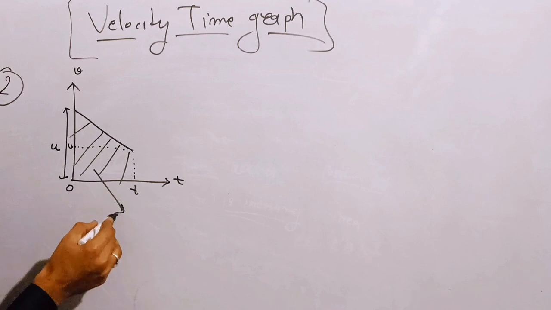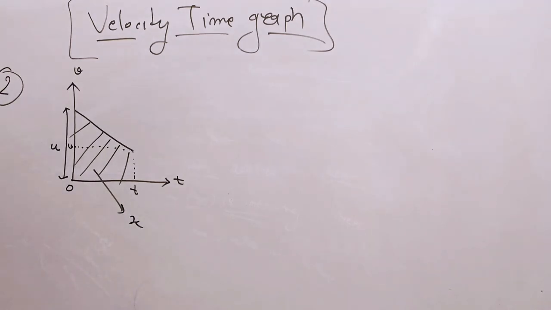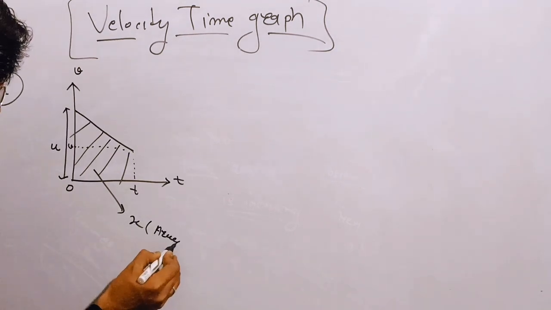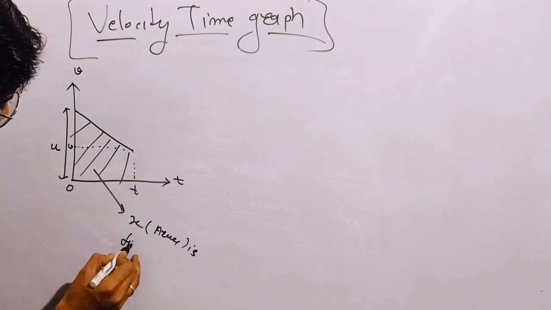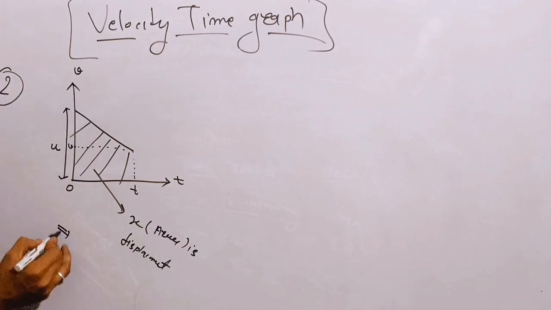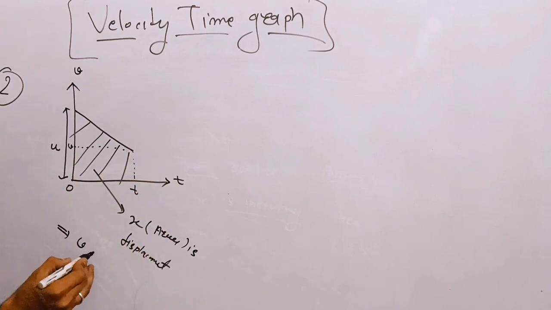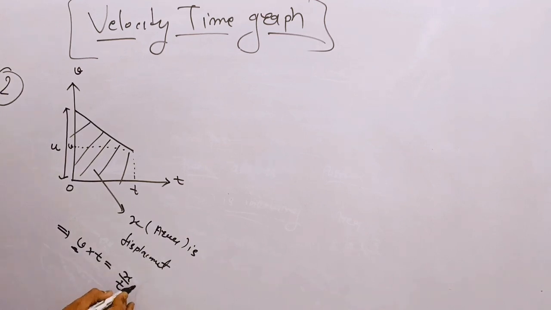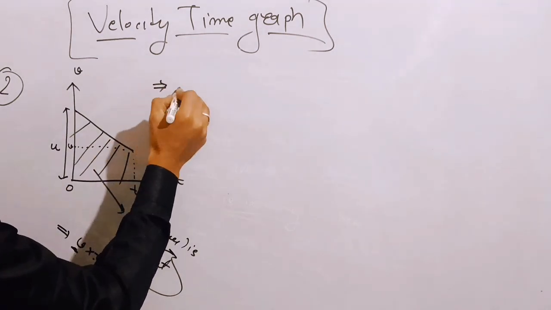This is the area under the curve. So this is the displacement shown by the area under the curve v and t. So v into t is equal to x upon t into t. It is denoted by x. So we can say the area under the curve is the displacement in the v and t graph.